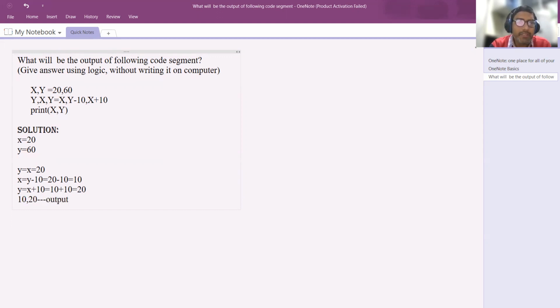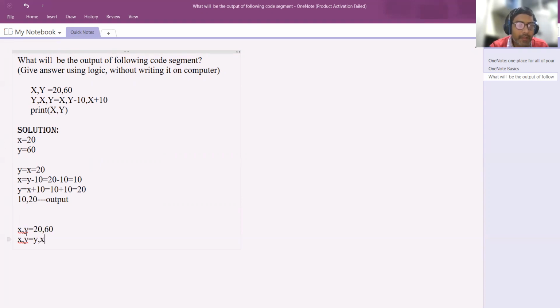So this is how I have seen some of the students solving it. So the answer is 10 comma 20, but it is totally wrong. I will tell you why. For example, suppose you are given x comma y is equal to 20 comma 60, and you are given an expression like x comma y is equal to y comma x.